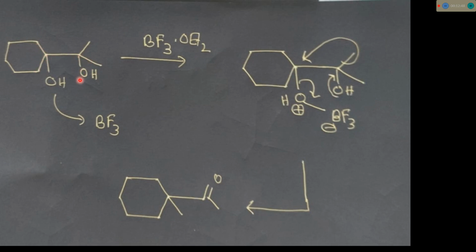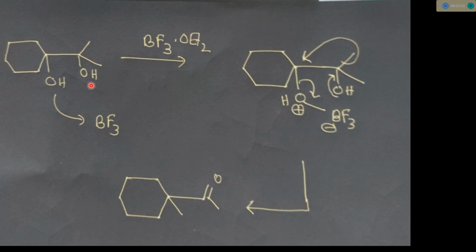But in this OH there are 2 methyl groups, meaning 6 hydrogens, and these 6 hydrogens somewhat make a shield or screen with respect to the lone pair of electrons of this oxygen atom. So the lone pair of the oxygen atom is somewhat shielded by these 2 methyl groups.